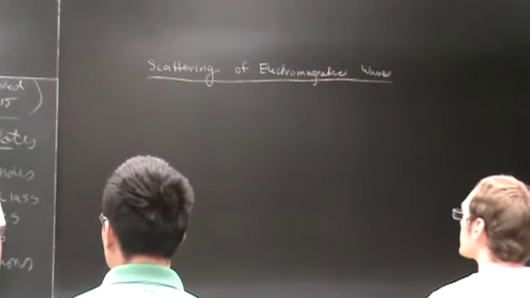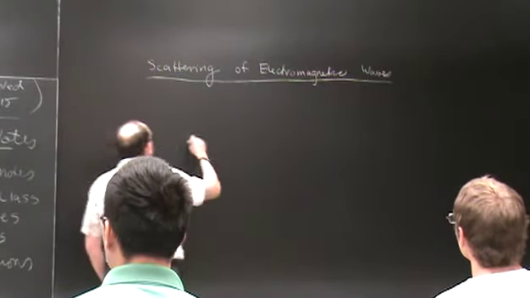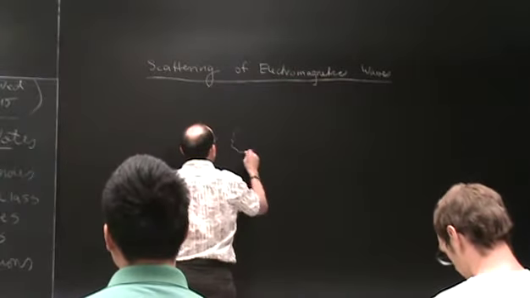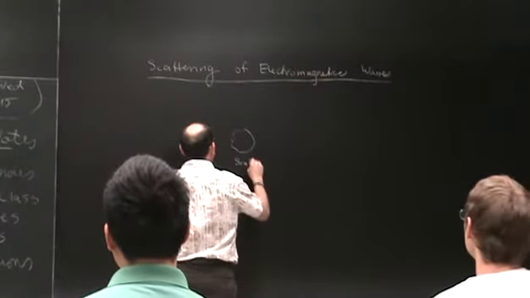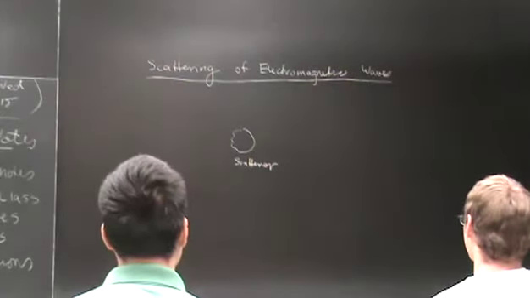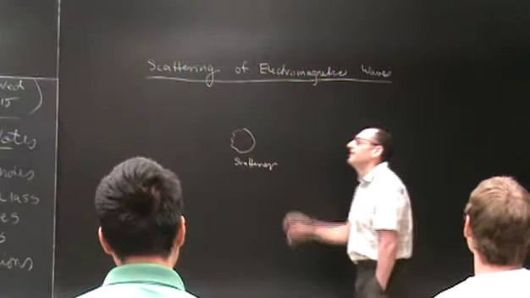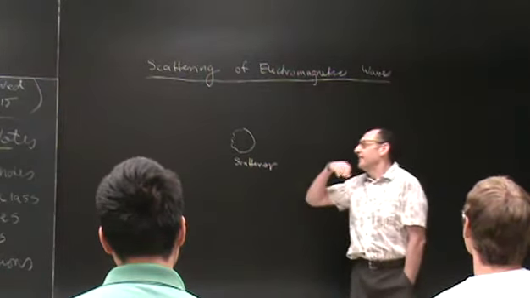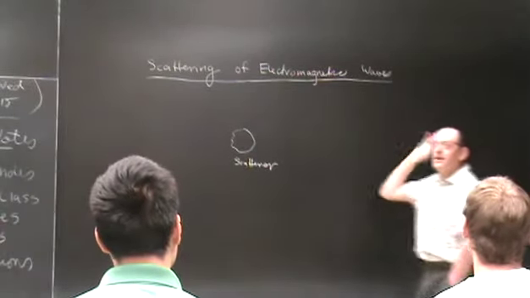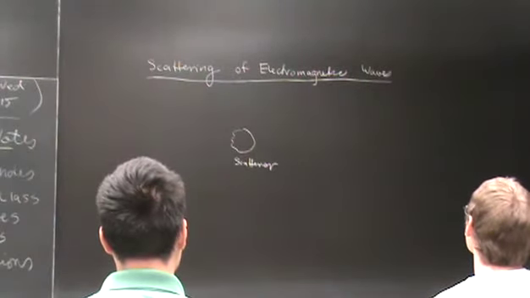Okay? So what we're talking about here is thinking about a situation, the standard paradigm, where we have some object that we call the scatterer, which is a piece of glass, maybe it's dust in the galaxy, whatever it is that's going to be scattering electromagnetic waves.